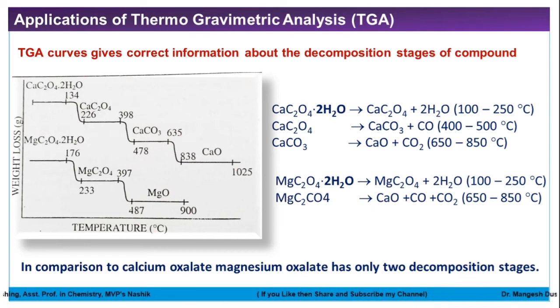Friends, thermogravimetric analysis can be used to determine the composition of binary mixtures if each of them shows a distinct thermogravimetric curve. The resultant curve of the mixture can be used for the determination of the composition.